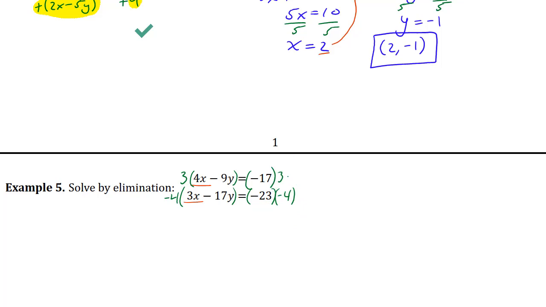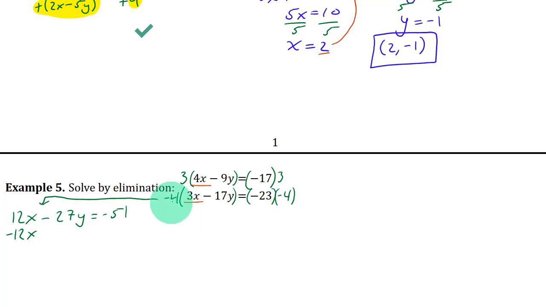And the idea is that after doing that, it's going to give you a 12x in the first equation and a negative 12x in the second equation. And distributing the 3 in there and the 4 in here, let's finish this off. We're going to get 3 times negative 9y gives you minus 27y, and 3 times negative 17 is negative 51.